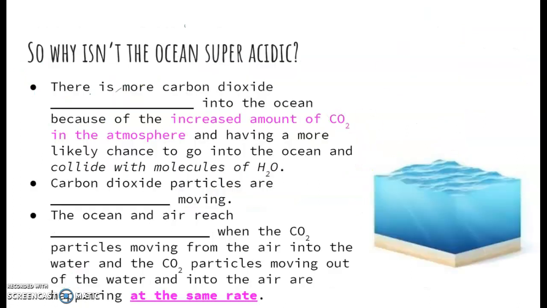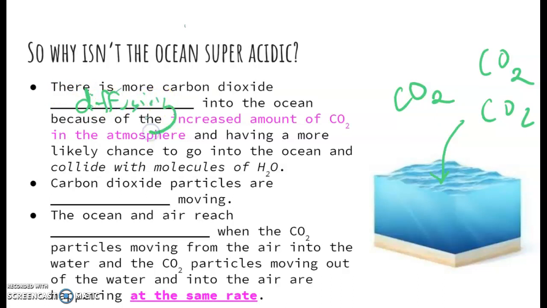So kind of relating it back to why isn't the ocean super acidic? We know there's more carbon dioxide in the atmosphere, and that carbon dioxide is diffusing into our ocean water. So one thing that's happening is we have this stuff diffusing into the ocean.